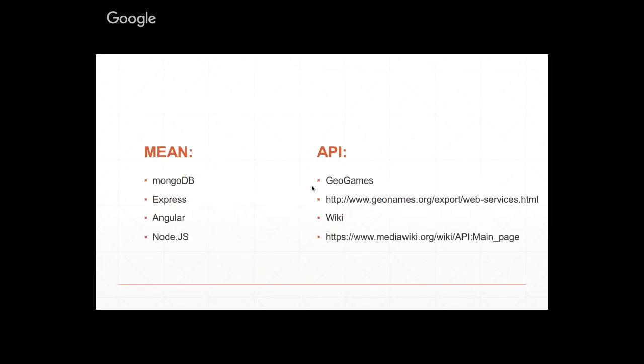This is the technique page. Briefly, the main techniques we're going to use are what we learned in CS5610: MongoDB, Express, Angular, and Node.js. Let's talk a little about the API. I'm using two APIs.